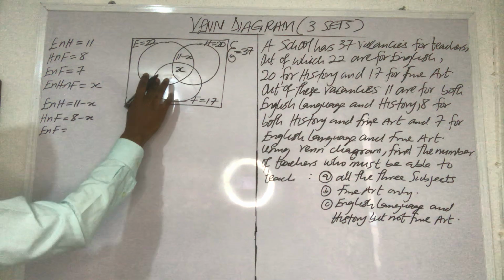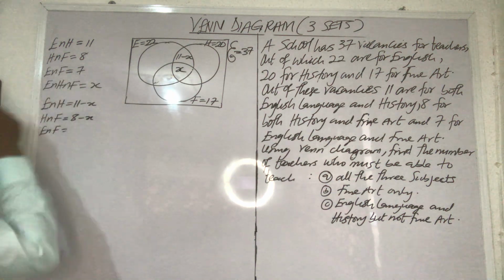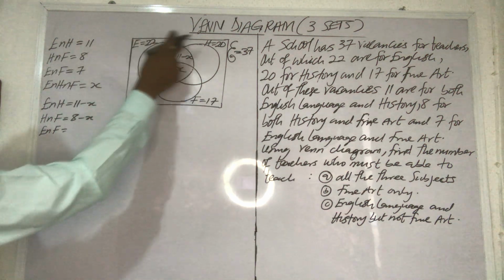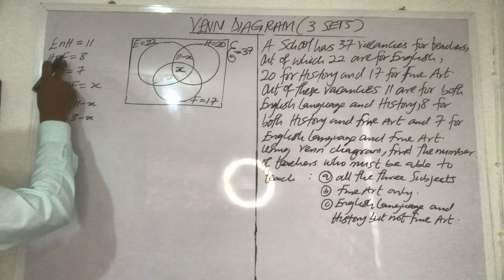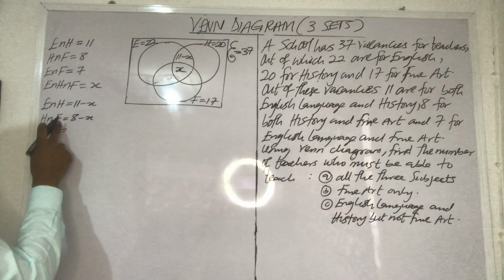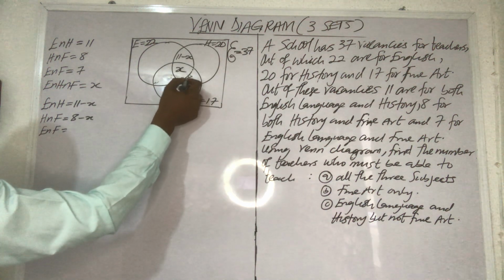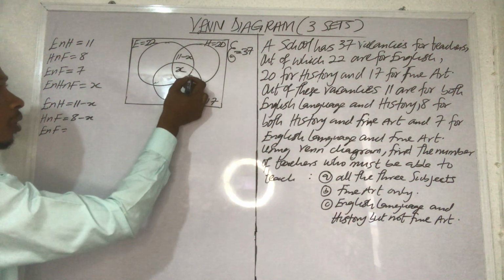Let me correct the placement. The first one is English and history, 11 minus X. The second one is history and fine arts. History, intersection fine arts. So in this place, 8 minus X. Don't make that mistake of putting it in the wrong place.